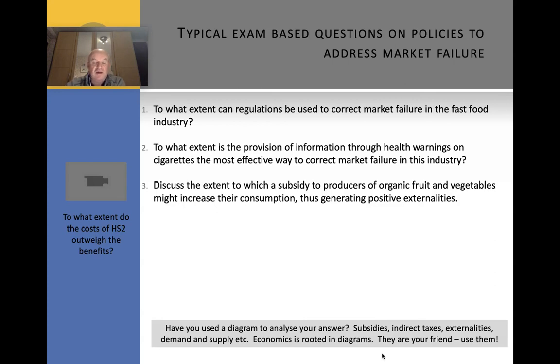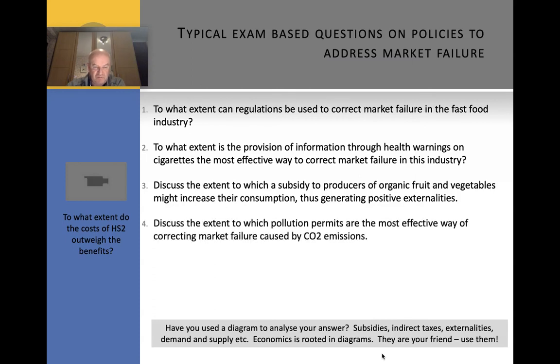Again, trying to unpick what the command words are in that question, and also the things that you will definitely have to discuss based on the way the question has been structured. Next one: discuss the extent to which pollution permits are the most effective way of correcting market failure caused by CO2 emissions. So cover some of the stuff we've covered in the previous slides.